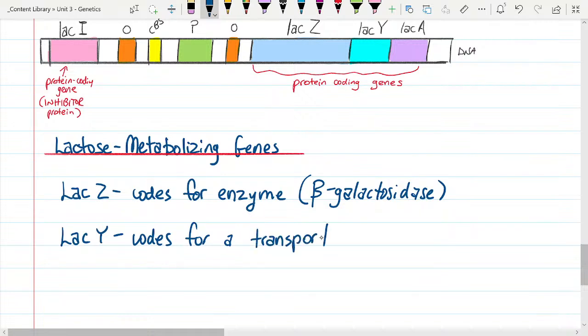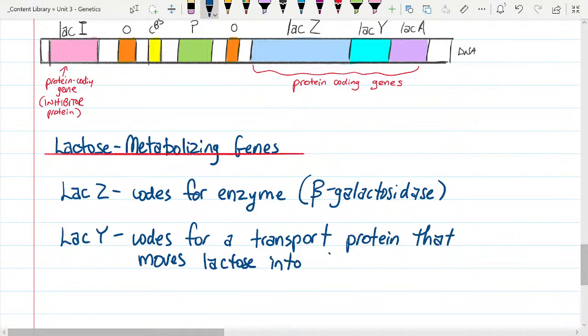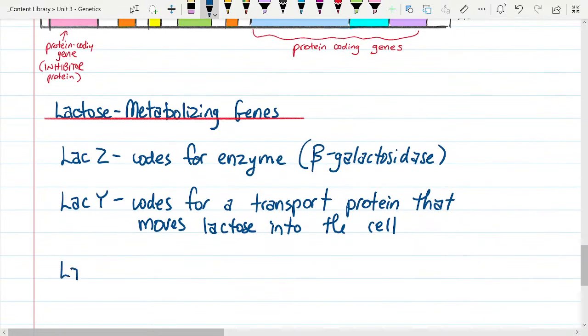So the cell is like, well, if we're going to break down lactose, then while we're at it, we better make sure that we keep bringing lactose into the cell. So LAC-Y codes for a transport protein that moves lactose into the cell. LAC-A codes for a protein, and we don't really know what its function is.